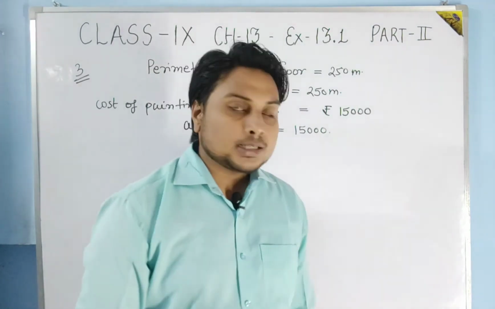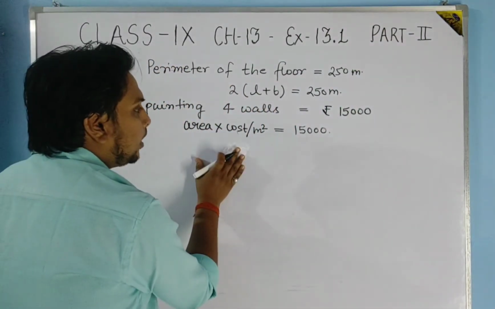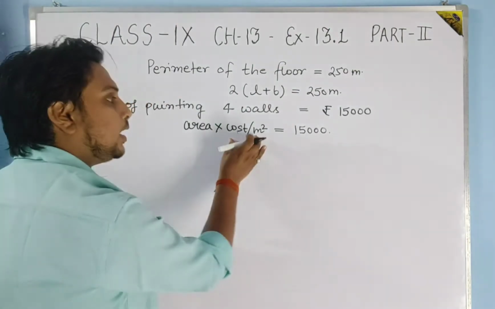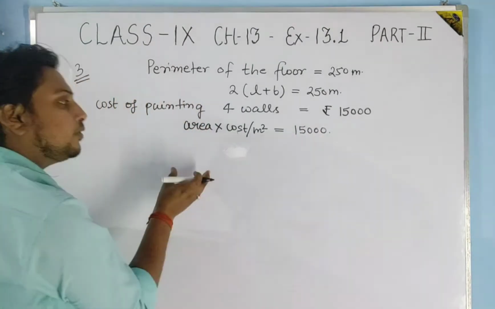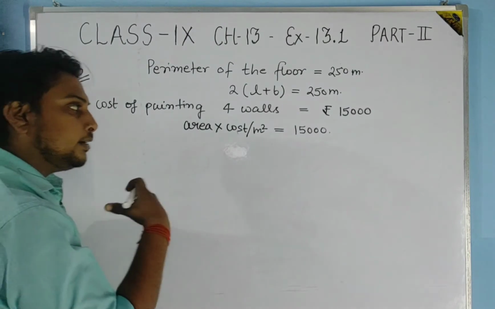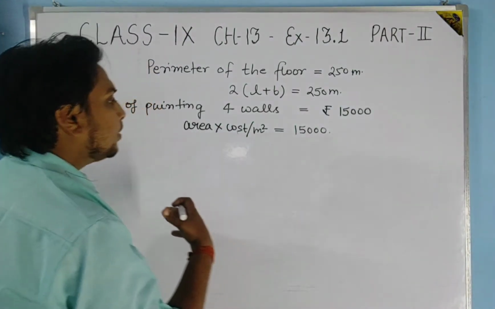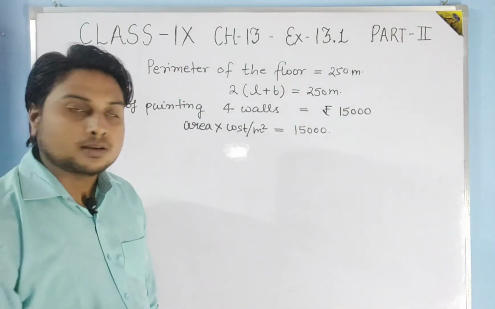In this question it is not given what the area is, but it is given what the cost per meter square is and what the total cost is. So basically here we have to find the area, and then we relate that area to find the height of the rectangular hall.